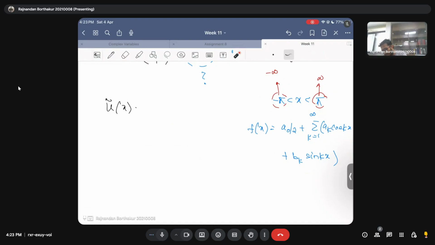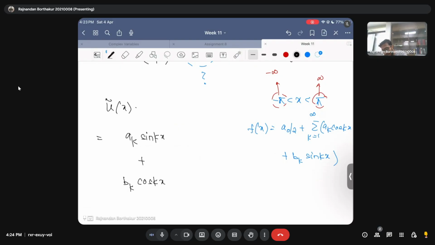Meaning that I will write this u tilde of x as a bunch of sines and cosines, just like how we have written it here, some ak sine kx plus some bk cos kx maybe.